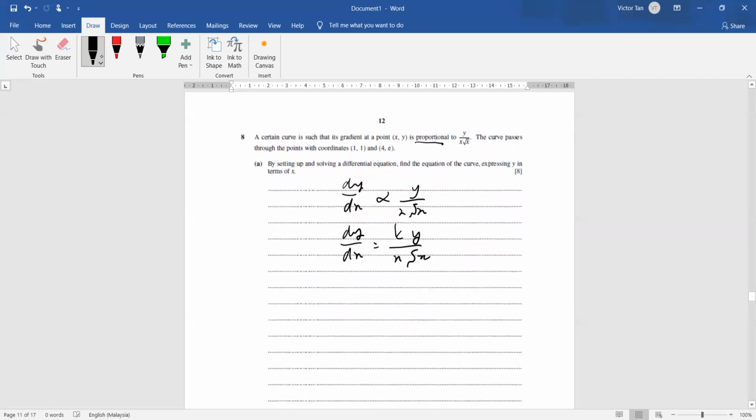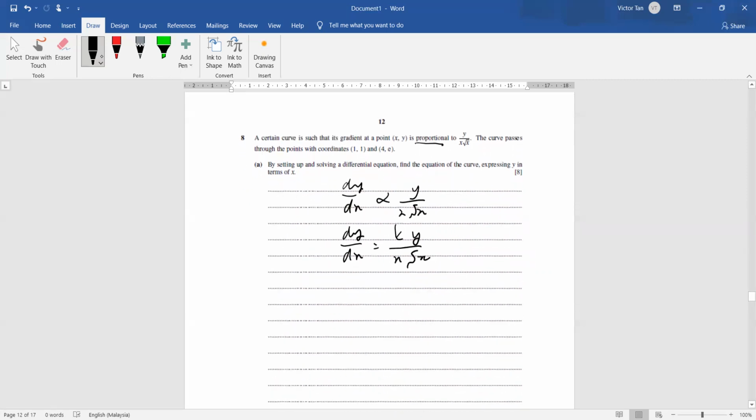Now this is a differential equation. To solve this differential equation, what I'm going to do is separate the variables. So this will be dy over y equals k times x to the power minus half dx.